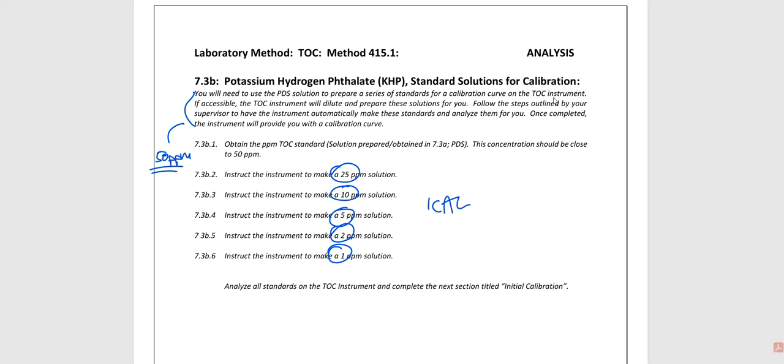If my machine could not do this for me, then I would be required to do this by hand. But our instruments can, so we're going to take advantage of it. So that will save you a little bit of work, save some sample prep time. We've done enough diluting, pipetting with all the other stuff.